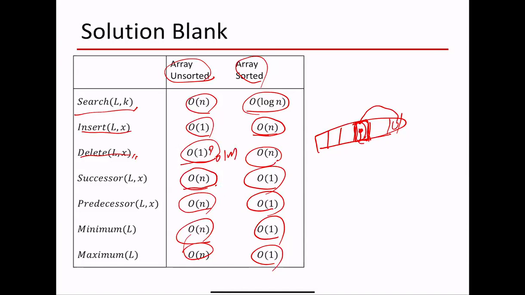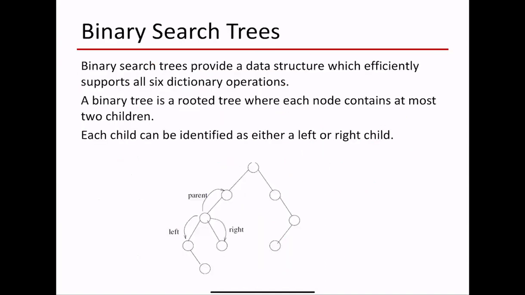For the sorted array, we assume that we already found it. So O(n) is the shift time, right? Let's say I found it and I want to delete it. How can I do that? I have to shift them one by one. Oh, okay, I see. Therefore, it is O(n). Okay, clear. Thank you. So can I move on to the BST?